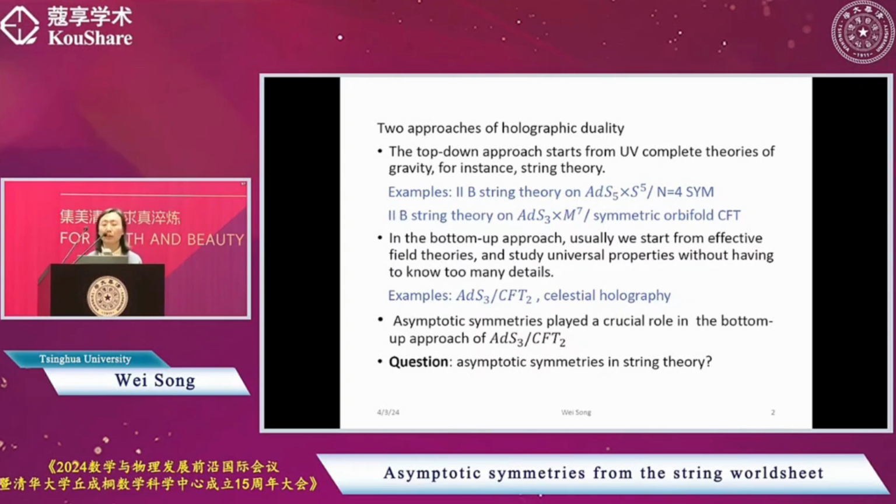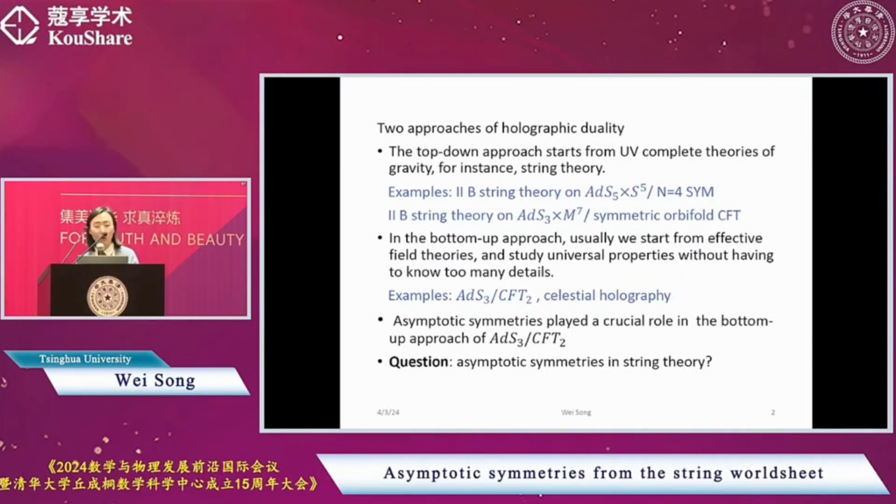One is the so-called top-down approach, where we usually start from some well-defined UV complete theory of gravity. For example, we can start from string theory, and from there we can find explicit models and examples of this duality.